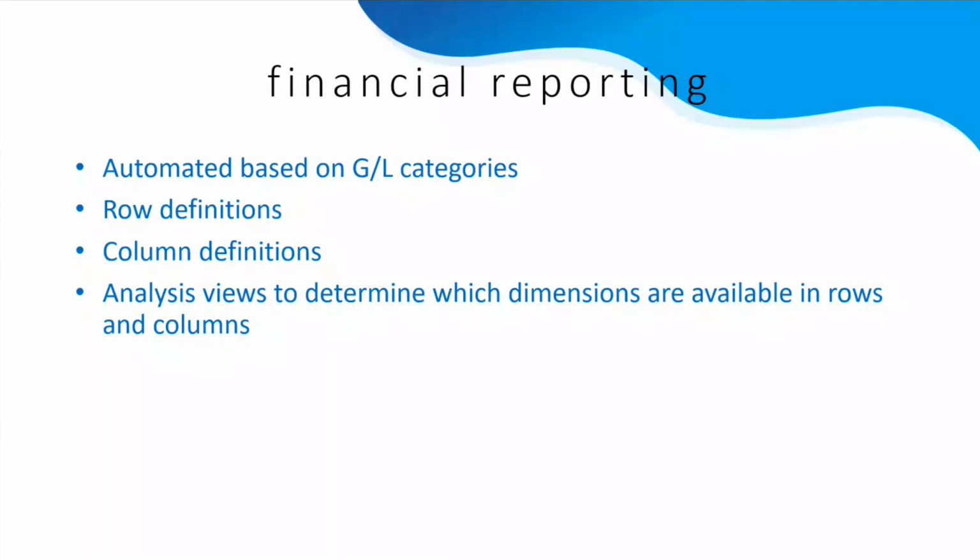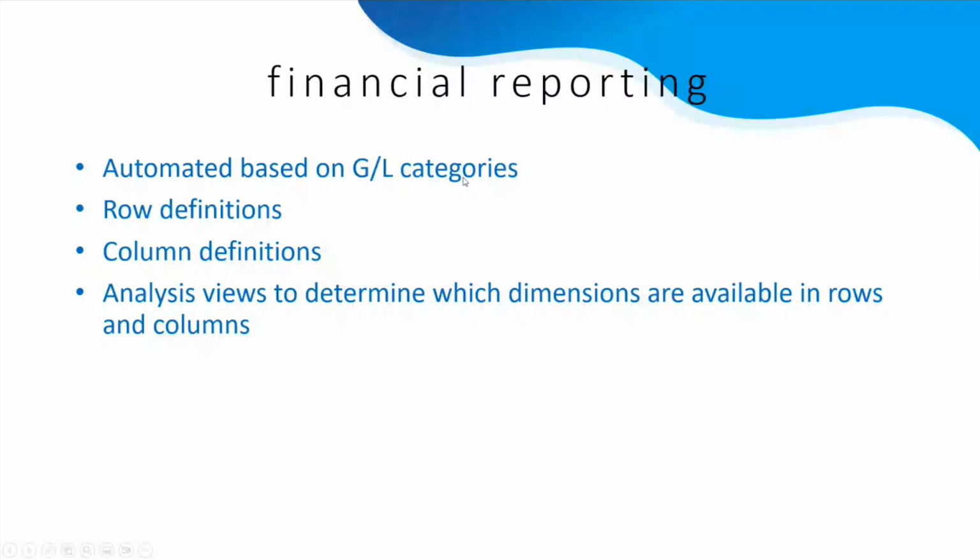Okay, so there are multiple ways of doing it. You can either create automatic reports based on the GL categories, or you can create your own rows and columns. Okay, let me tell you what I mean by that.